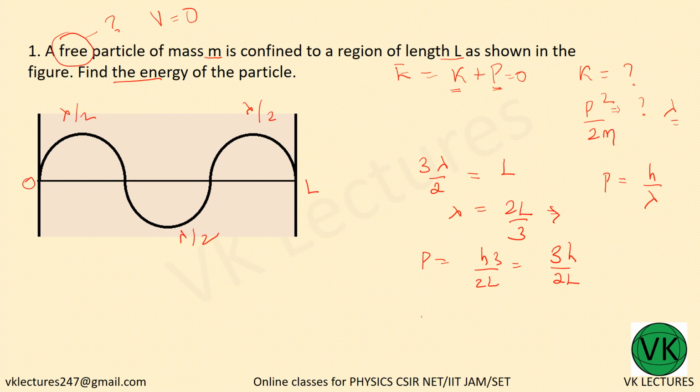So p square divided by 2m is what we want, the energy. p square means 9h square divided by 4L square, into 1 by 2m. So that is equal to 9h square divided by 8mL square. So this is the energy of this particle, if this is the wave formed by the particle. This is the total energy.